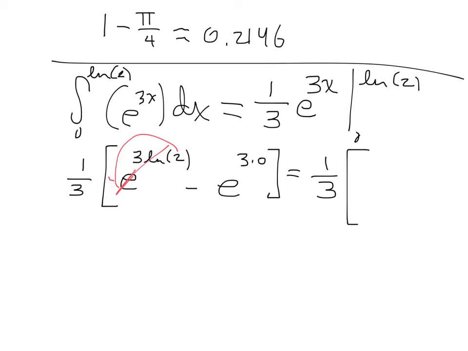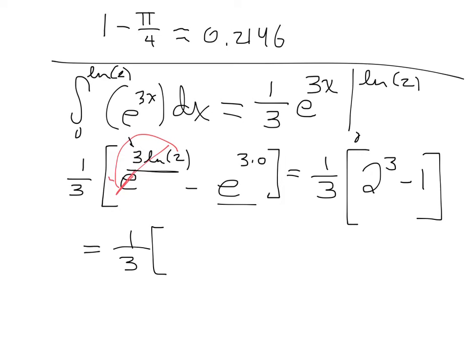So this then becomes 2 to the 3rd power, because we still have that 3 up there. This, of course, is e to the 0, which is 1. So I get 1/3 times 8 minus 1, or 7/3, or approximately 2.33.